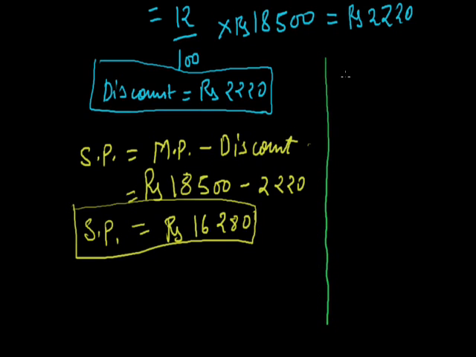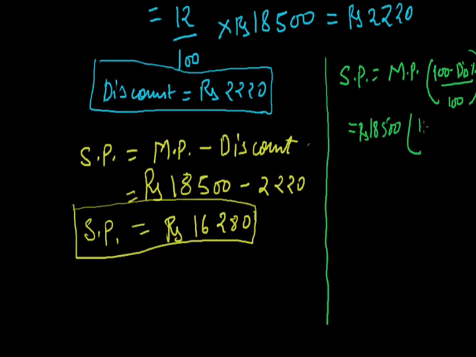Now instead of doing this much calculation, if we have to just calculate the selling price, we can simply use the formula that selling price is equals to mark price into 100 minus discount percent upon 100. Now it will be equals to, the mark price is rupees 18,500 and discount is 12% upon 100.